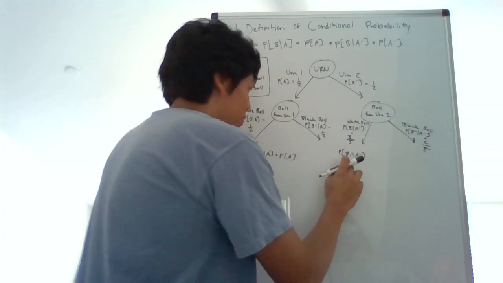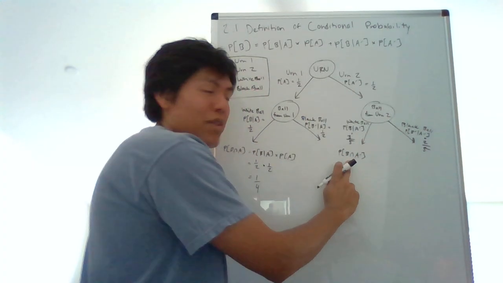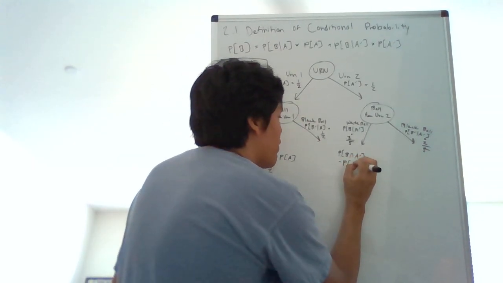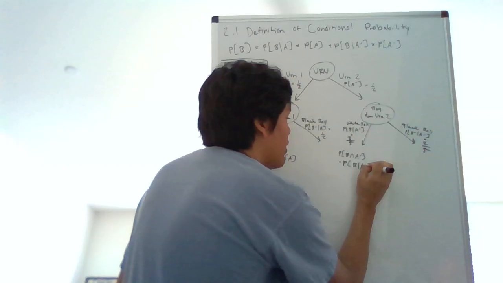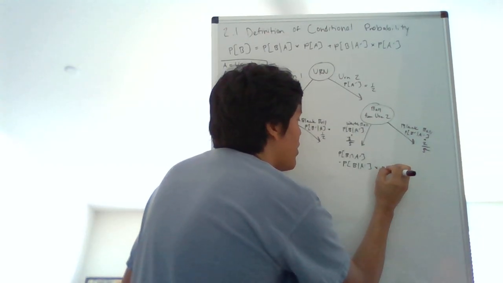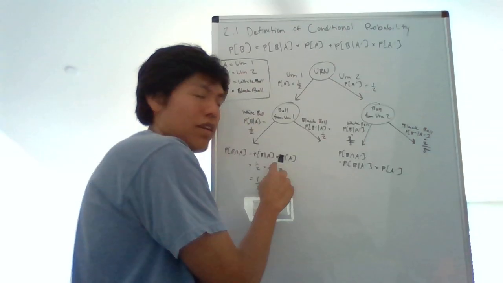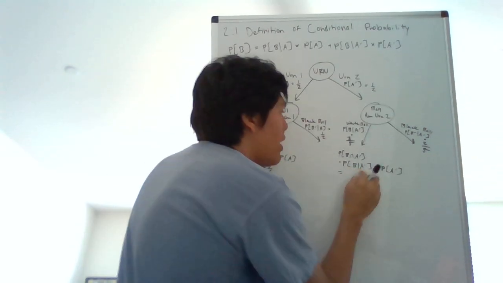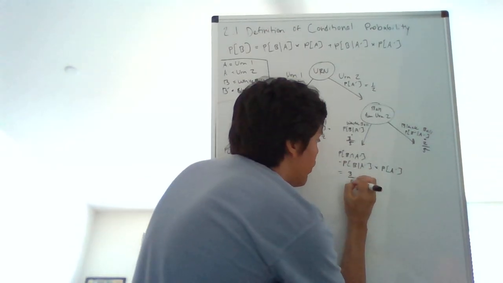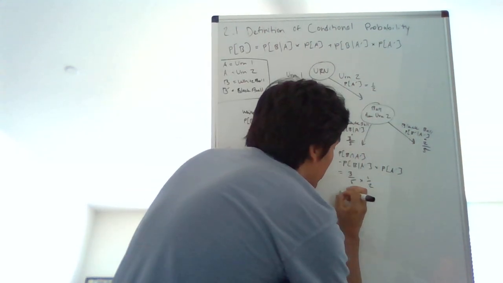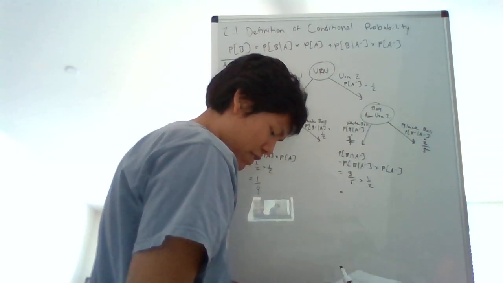Okay, so here's another probability that we need to solve for. So this is equal to the probability of B given A complement times the probability of A complement, similar to over here. So B given A complement is 3/5 times the probability of A complement is 1/2, and that is equal to, what do I write? 3/10.